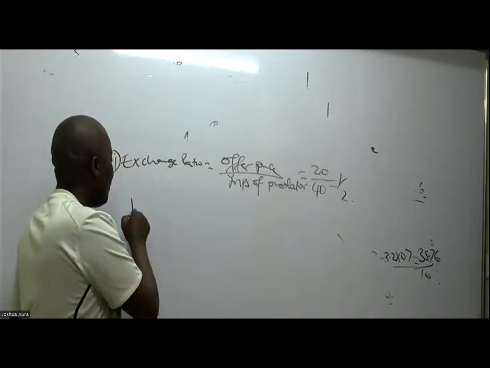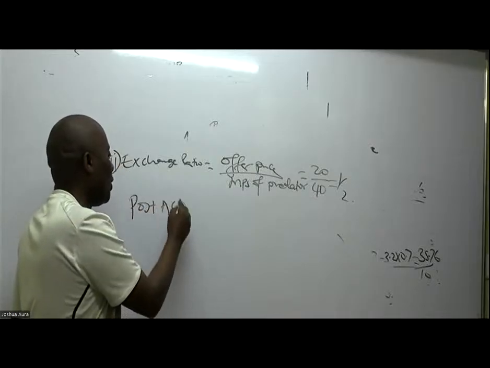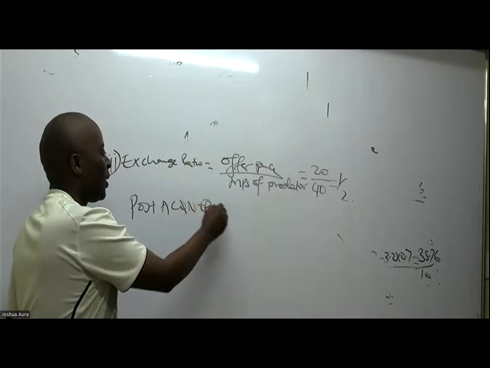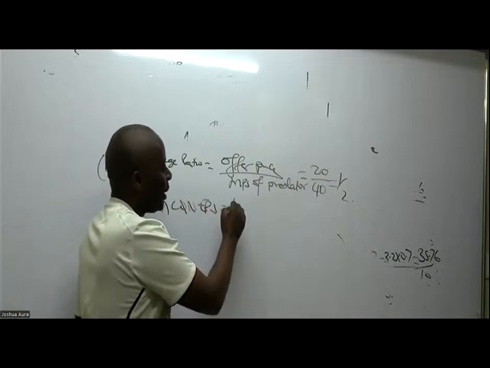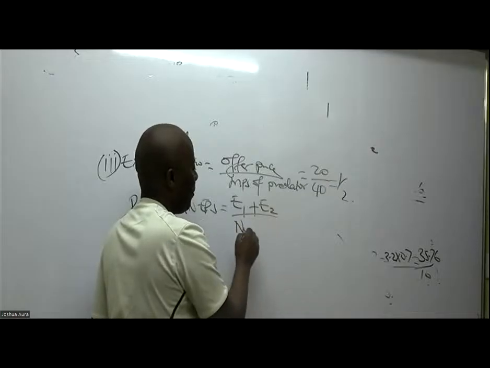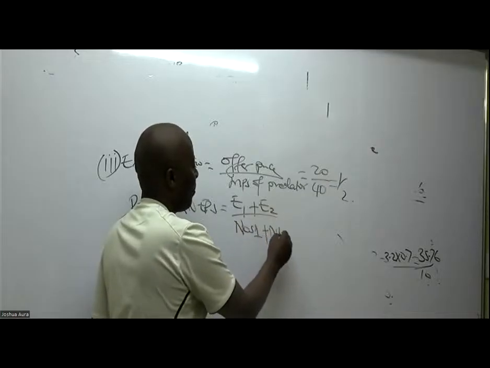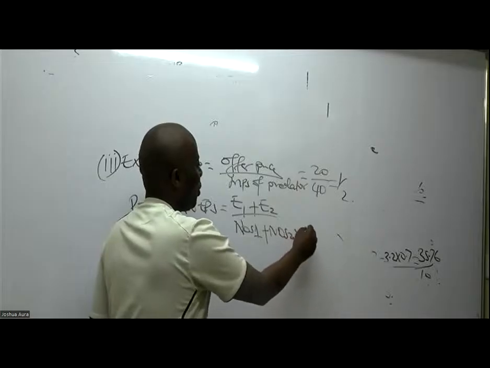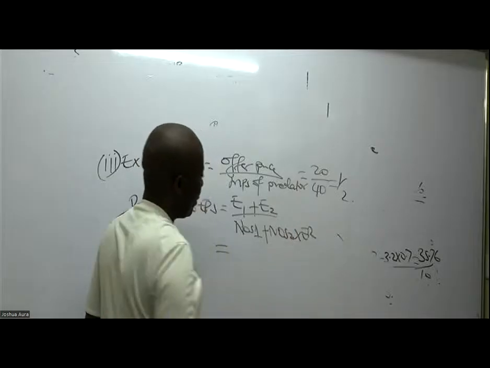And then go ahead and give us the post-acquisition EPS. This will be earnings of company 1, earnings of company 2, over the number of ordinary shares of company 1 plus the number of ordinary shares of company 2 multiplied by the exchange ratio.